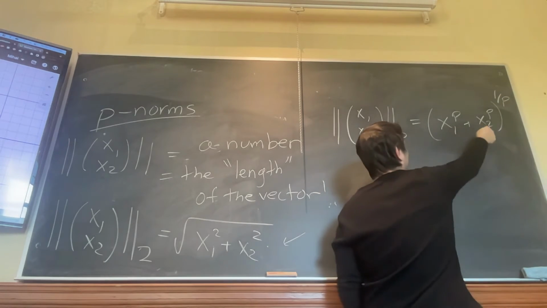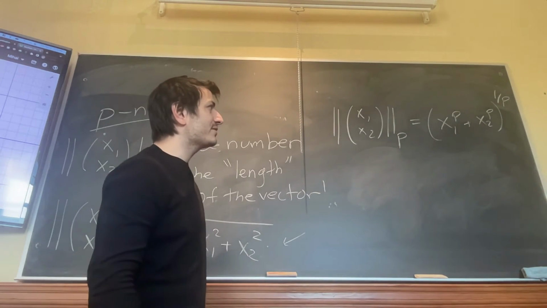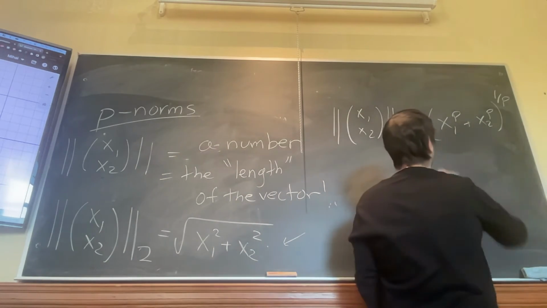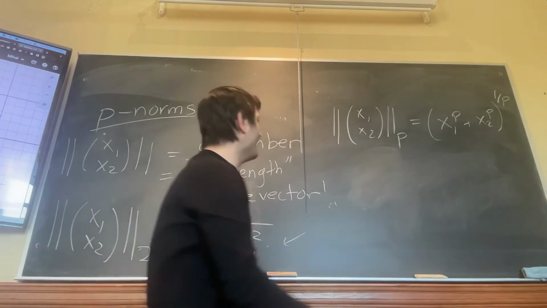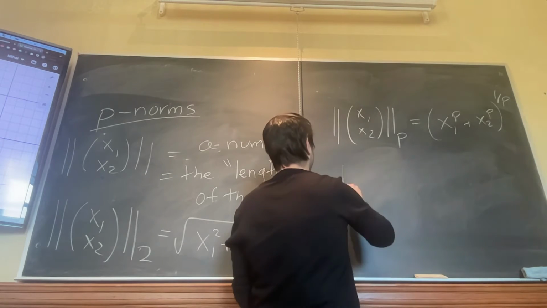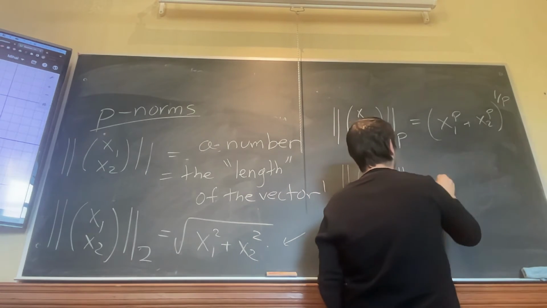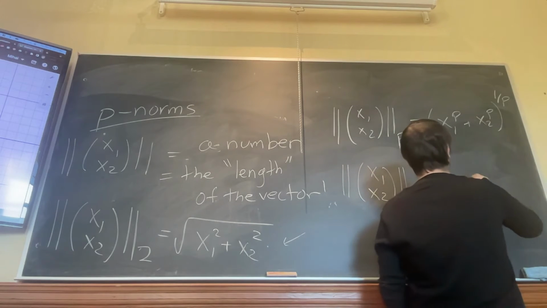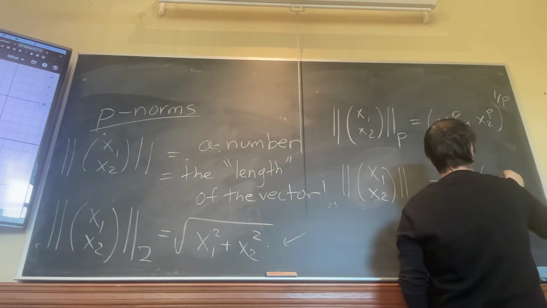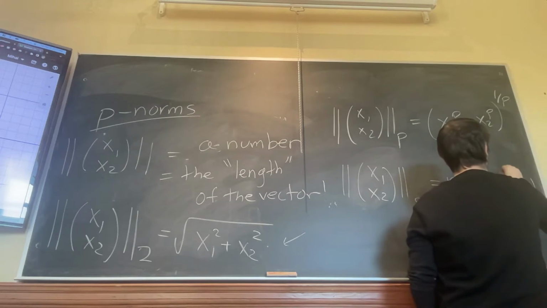So it's some kind of combination of how big x1 and how big x2 is, where you take them to the power p and add them together. And if p goes to infinity, you get what is called the infinity norm. And this one is the maximum of x1 and x2 in absolute value.